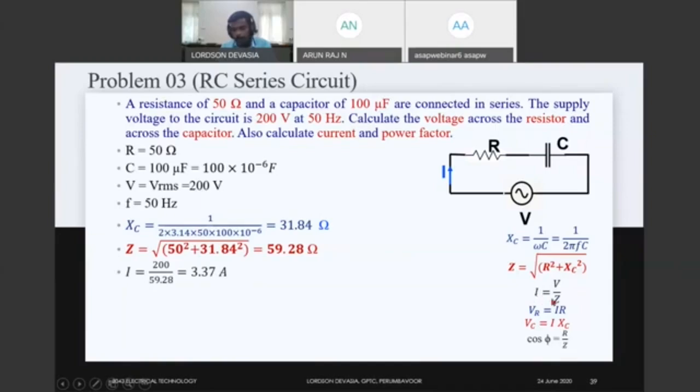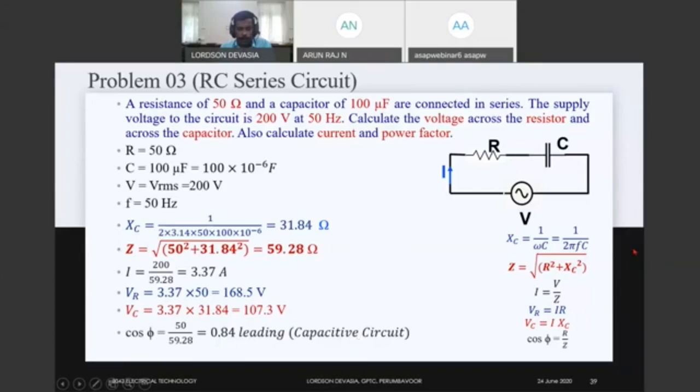Then VR is equal to I into R, that is 3.37 into resistance 50, 168.5. Then VC is I into Xc, the current is 3.37 into 31.84, 107.3.